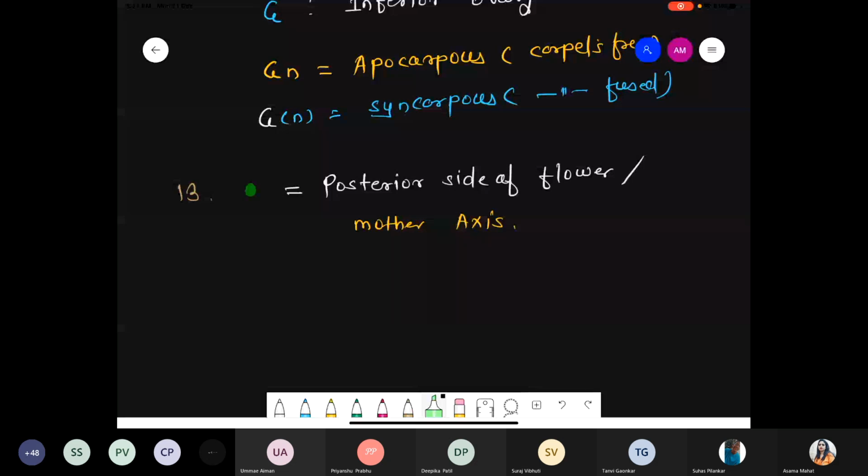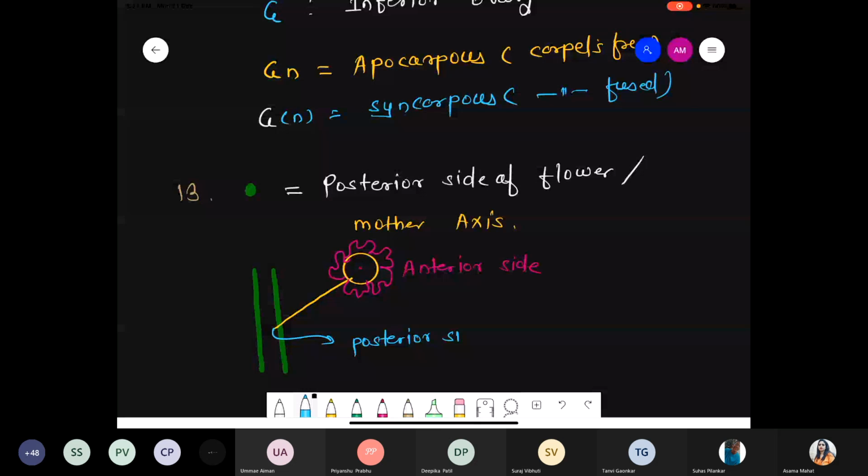So simply I'm taking the diagrammatic representation. Suppose it's a part of the stem, and from the stem region the flower arises like this. So a flower. Whatever side this is, it represents the anterior side of the flower, and this one, the base, is called the posterior side of the flower.